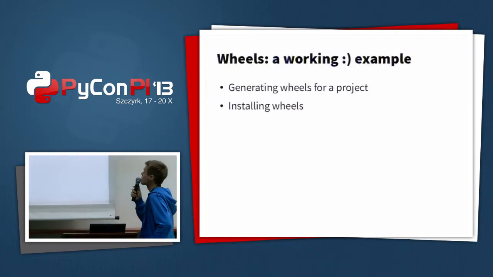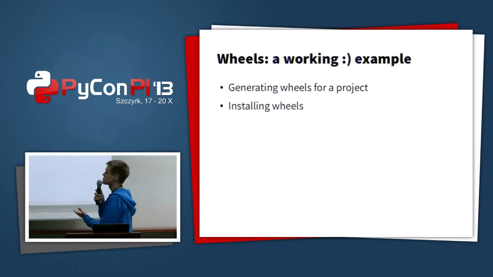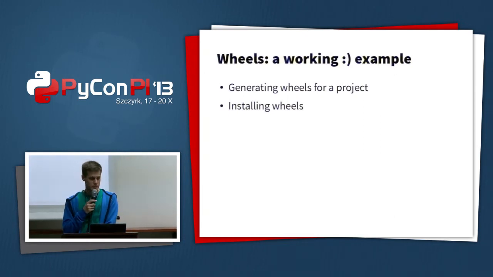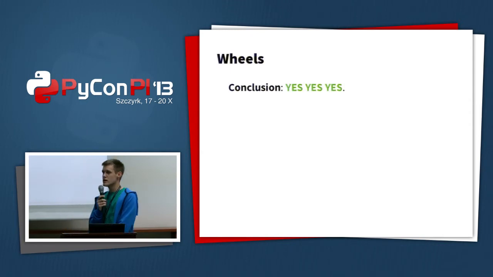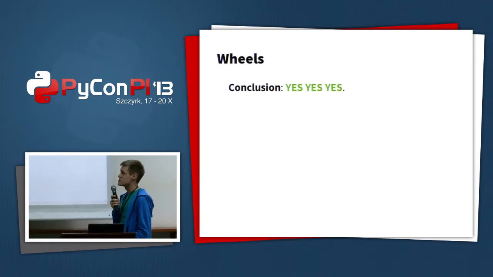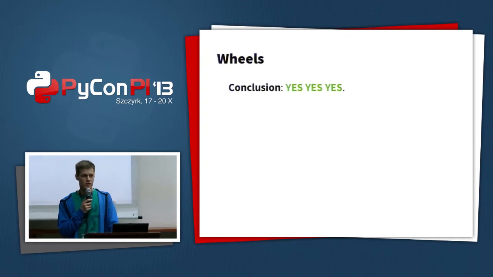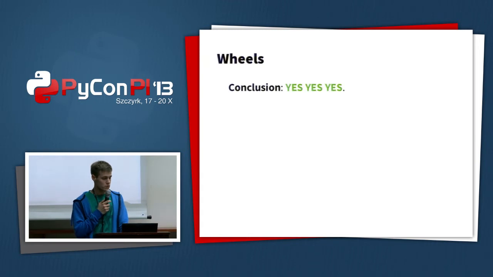So yeah, I cannot show you how to generate wheels from a project because it takes so much time to download Django with this internet connection and other dependencies as well. Anyway, my conclusion is to use wheels, and I hope you will have the same conclusion. It really speeds up, it's more secure and future-proof, I would call it.